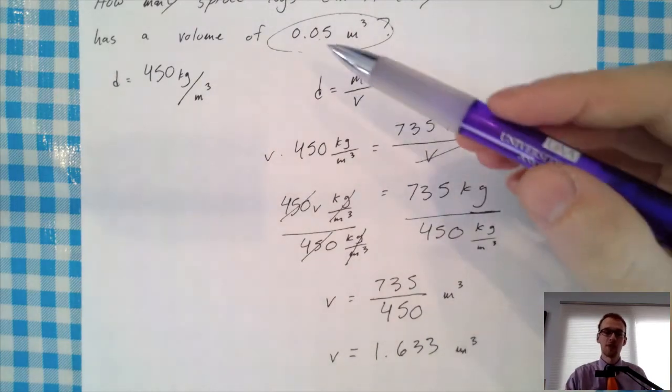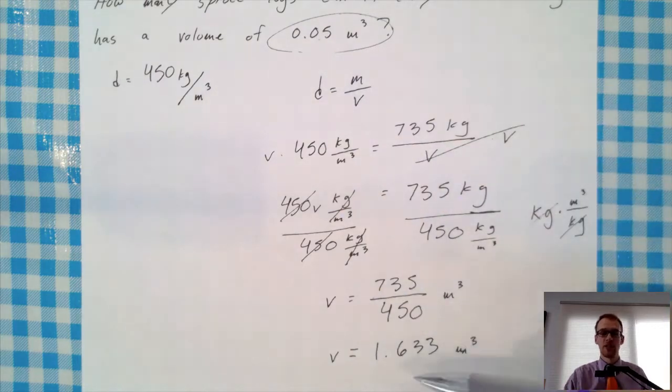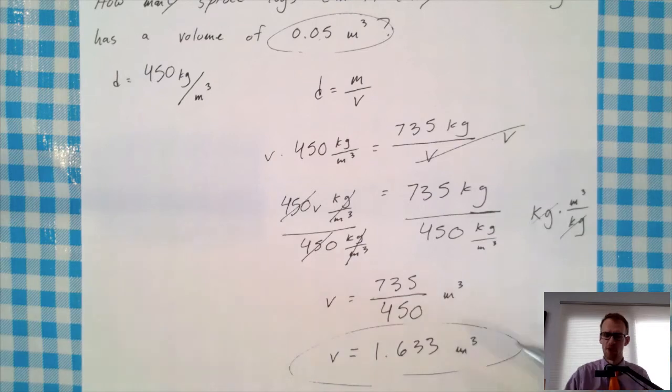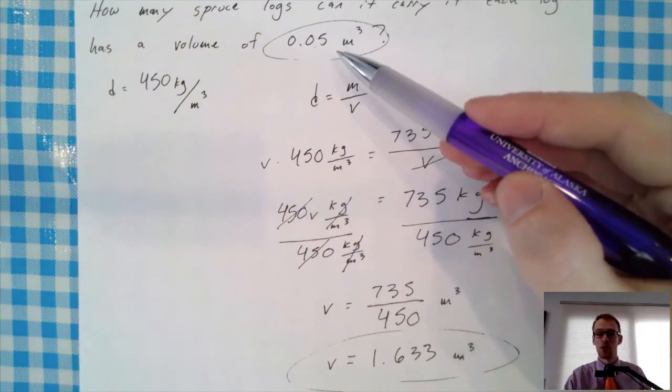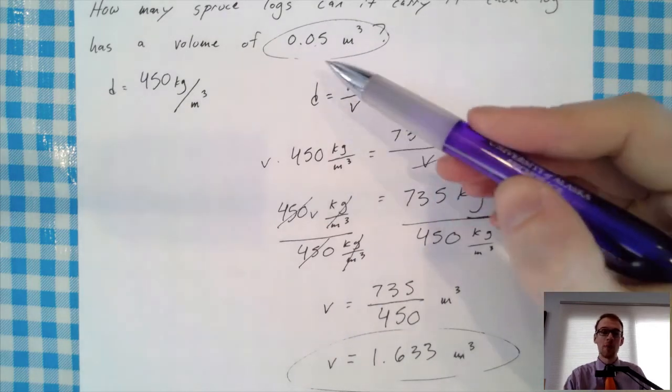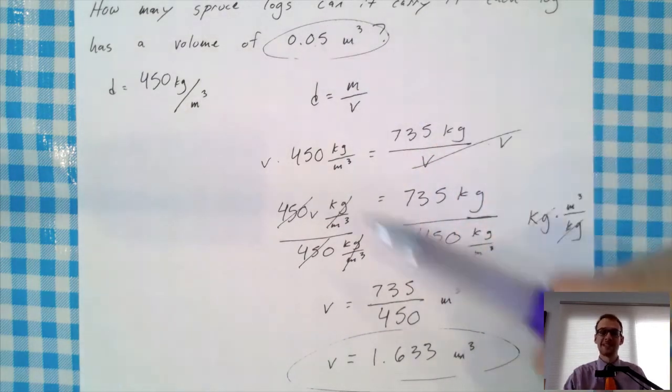All right, so how many of those are in here? What am I going to do with these two numbers? This is the total volume of wood that my truck can hold, and that's how much volume is in one log. So I want to know how many of those volumes is inside this volume.